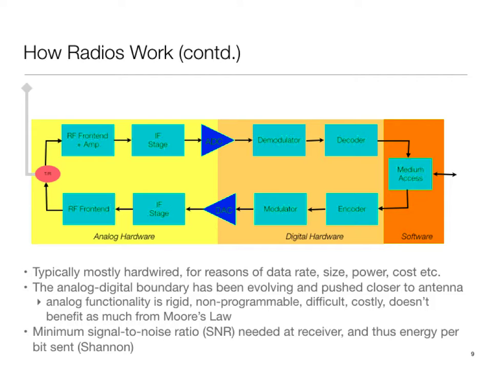But in the extreme case, there is even work where the boundary is right at the carrier level. You digitize a big swath of the band, and do everything else on those digitized symbols, perhaps not even in digital hardware. The extreme case is what are called software radios, where you ship it to some server and you decode it there.